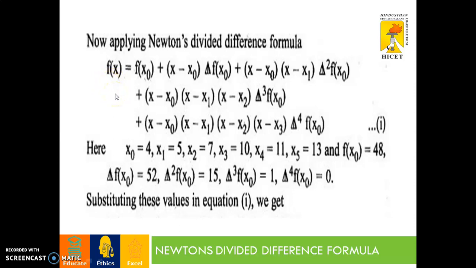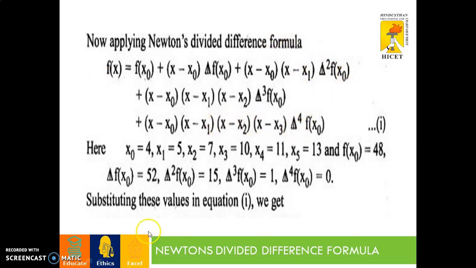So the formula is f of x equal to f of x naught plus x minus x naught into del f of x naught, that is our first divided difference value, plus x minus x naught into x minus x1 into del square f of x naught, which is the second divided difference value or f of x naught, x1, x2, plus etc.